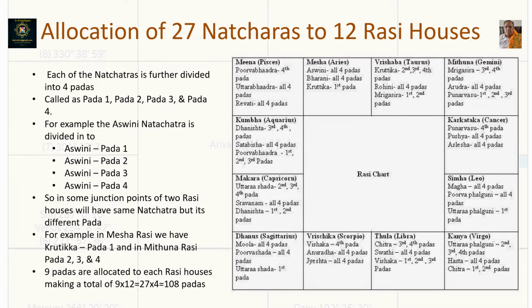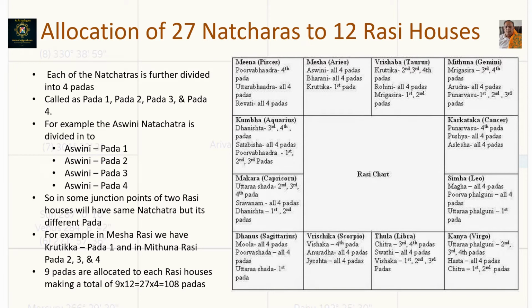What we have to understand is that all the 27 Nakshatras are each divided into 4 padas, so you get 108 padas, and if you divide the 108 padas by 12 Rasis, you get 9 padas. So 9 padas come to each Rasi house. This is one important thing. Sometimes the junction points between 2 Rasis will be connected by the same Nakshatra but different padas.